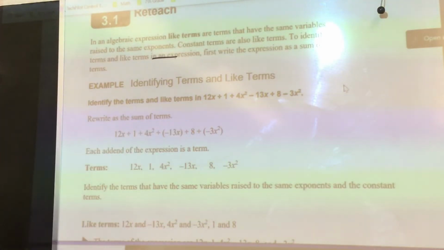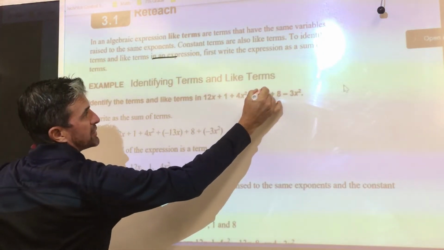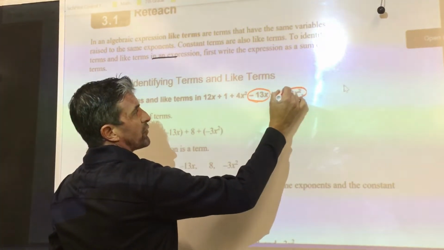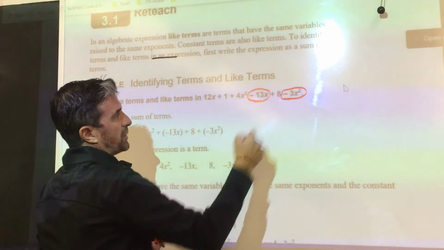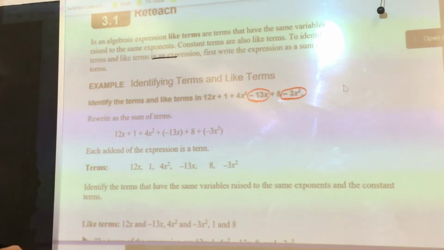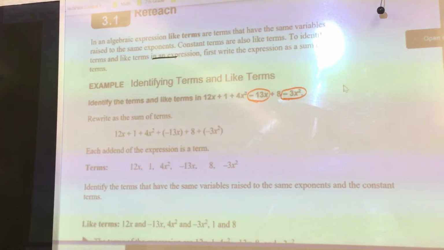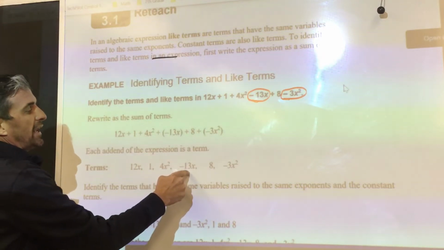Now, we're going to identify the terms. These terms are what's there. You will see this is minus 13x. You always bring the sign that's out in front of it. If it's a plus, that means it's positive. If it's subtract, that's negative. So 12x is a term, 1 is a term, 4x squared is a term, negative 13x is a term.